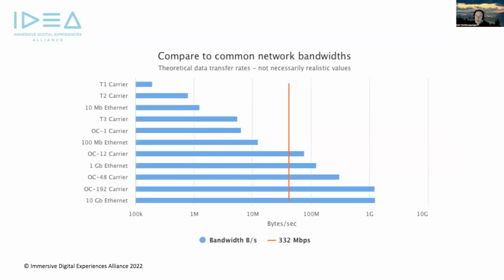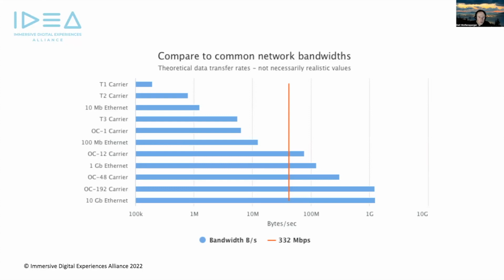To illustrate that, if you look at this slide, you'll see this is not an absolute value here. This is theoretical data transfer rates on the current networks that are available, and also some of the networks that are soon to be available. The orange line indicates what 332 megabits per second looks like.